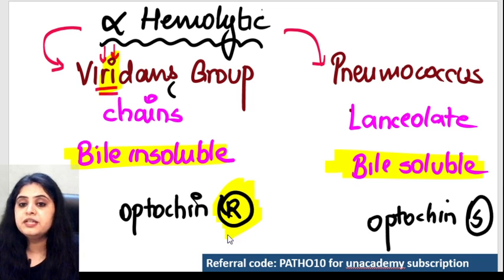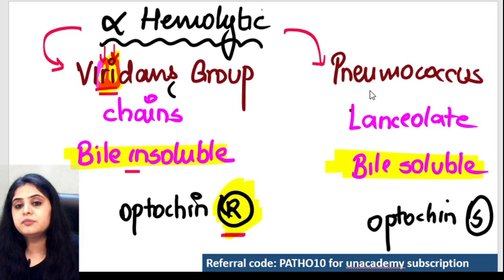So if they ask you, viridans is optochin R, resistant, and bile I, insoluble. Pneumococcus becomes opposite, so it is optochin sensitive and bile soluble. So alpha hemolytic is done.